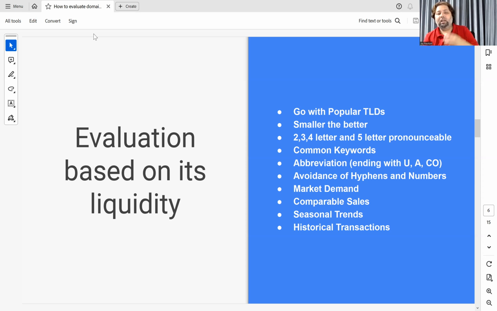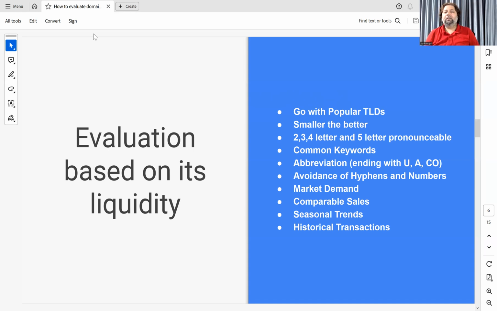Or any common keyword like how, why, where. You can sell these kinds of domain names so easily, so frequently in the reseller market. I'm not talking about end user markets here. I mean, you can sell these kinds of domain names to another domainer to create your liquidity.